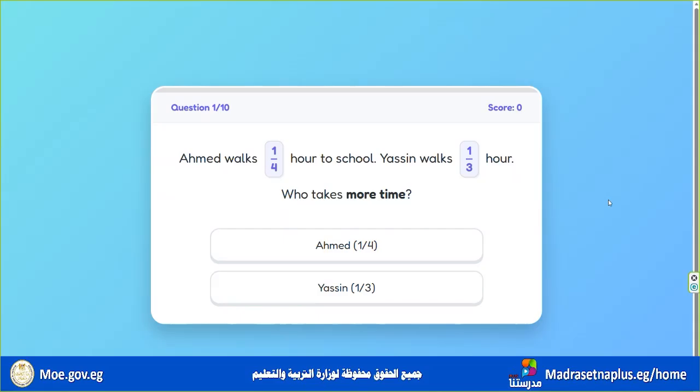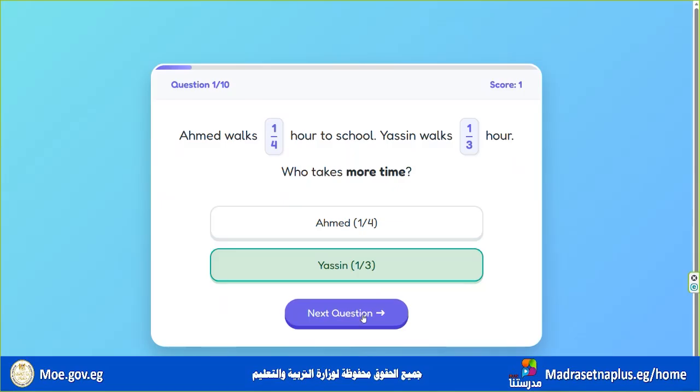More time means which fraction is bigger? 1/4 for Ahmed or 1/3 for Yasso? Yes, 1/3 is greater than 1/4. More means greater, bigger, larger.